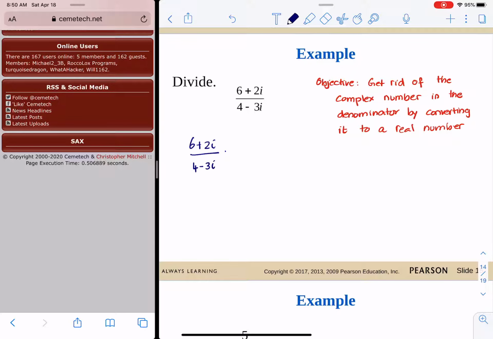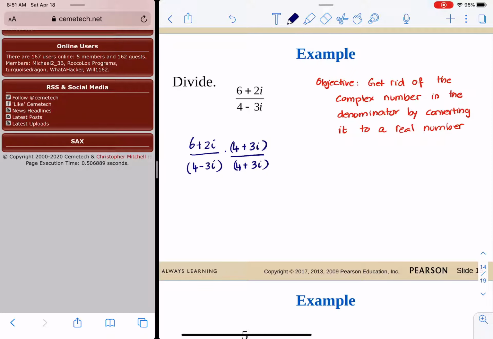In other words, we could get rid of the radical in the denominator by multiplying and dividing by its conjugate. We are going to do the same thing. We will multiply and divide by the conjugate of 4 minus 3i in the denominator. So we have 4 plus 3i divided by 4 plus 3i.